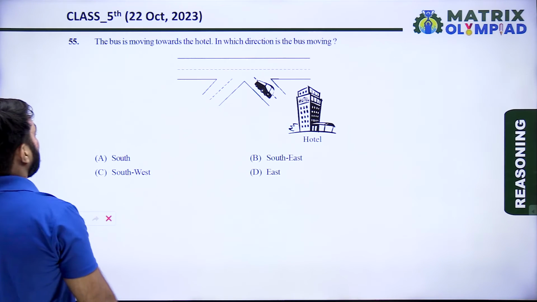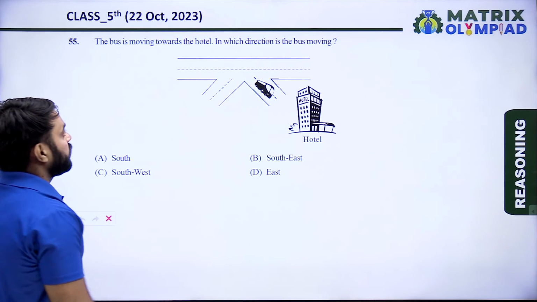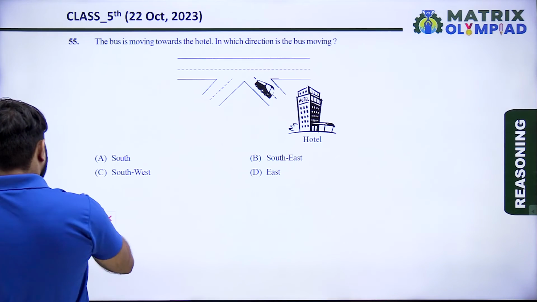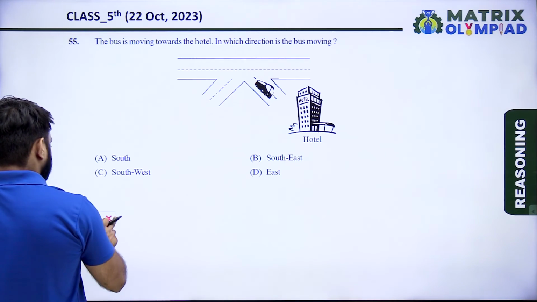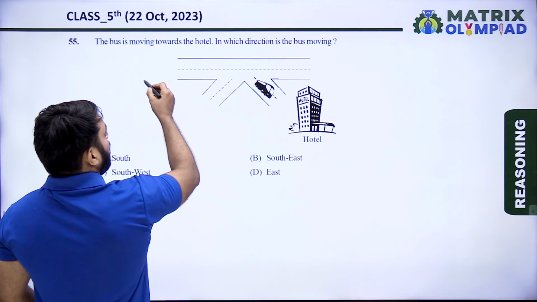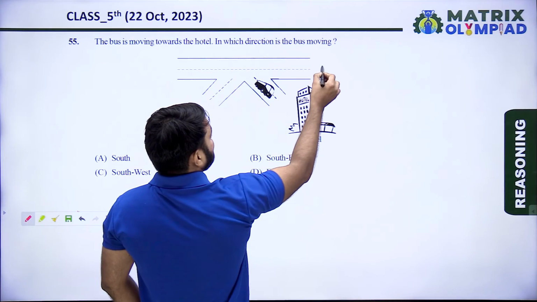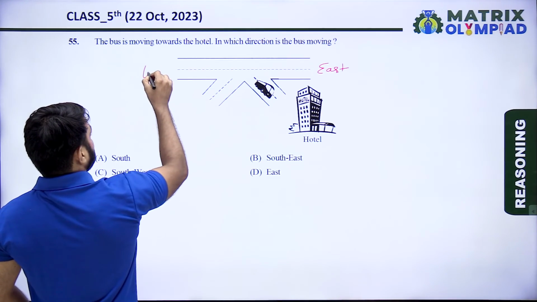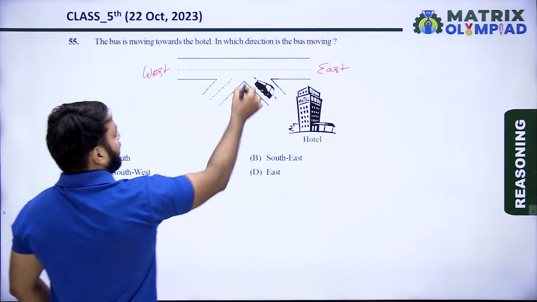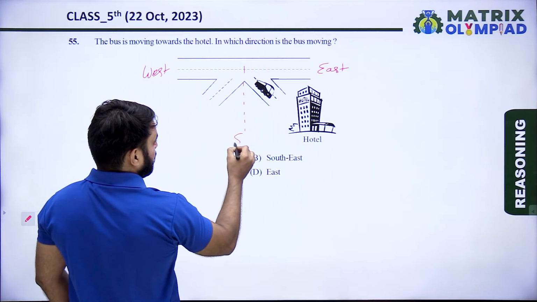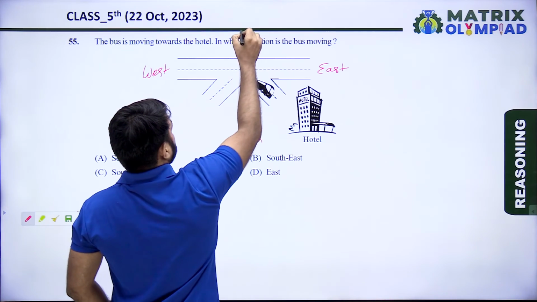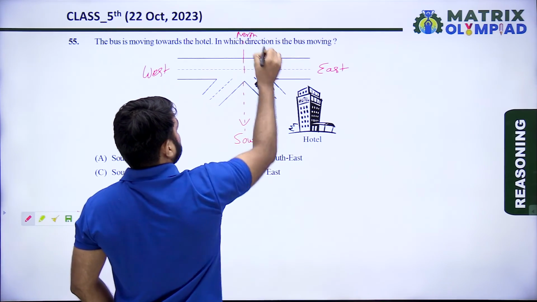Question 55. The bus is moving towards the hotel. In which direction is the bus moving? So according to the figure, this is the east direction, this is the west direction, this is the south direction, and this is the north direction.